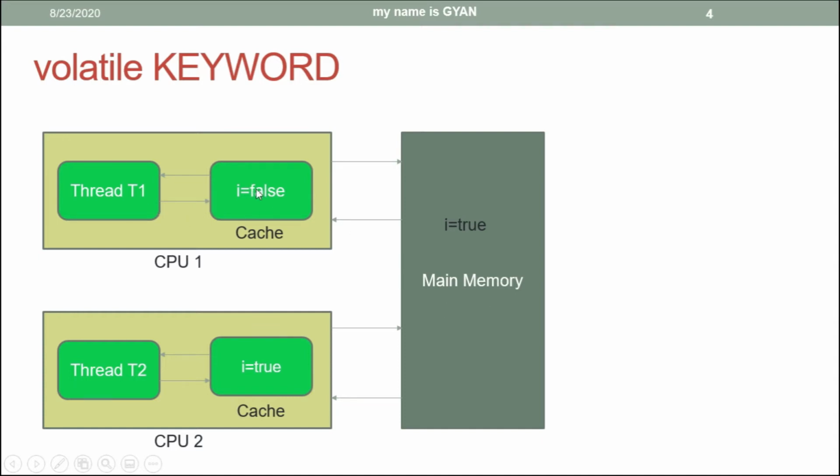The new value gets updated to the cache and later it will be updated to the main memory. The issue is that as soon as i becomes false, the while loop in the thread T2 does not stop, because for the thread T2 the value of i is still true.